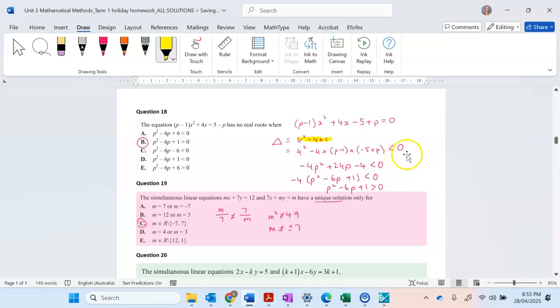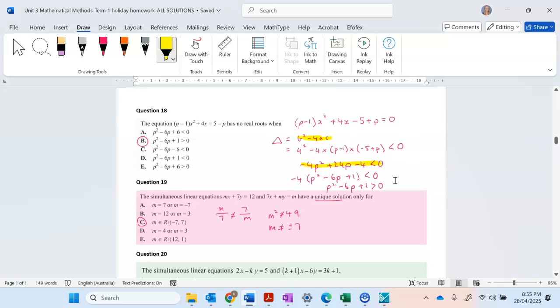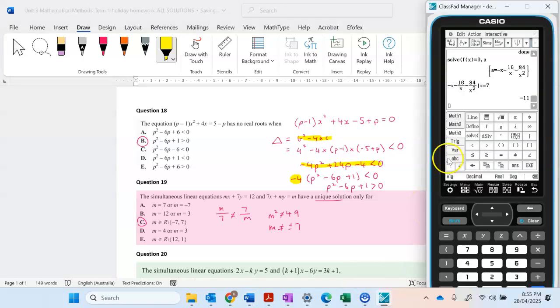You probably could solve at this point. But I've put all the working out there, so if it was a tech-free question, you can see the reason why our inequality sign changes direction, and you can solve using your inequality sign on your calculator, is because of this -4. When you're multiplying or dividing by a -4, your inequality sign changes direction.